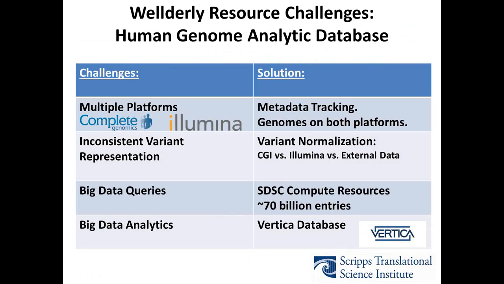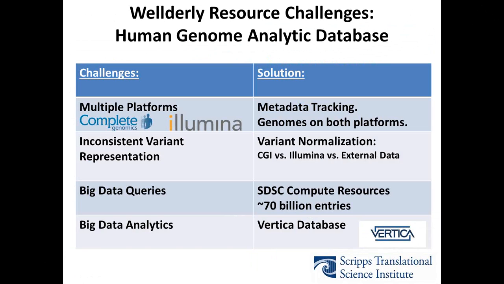But the ultimate goal is to combine data across these two platforms, normalize the variants, so there's inconsistent representation of variants across two platforms, or even within a platform across individuals. There's inconsistent representation of variants, so that needs to be fixed.